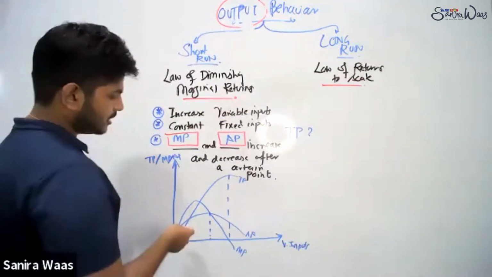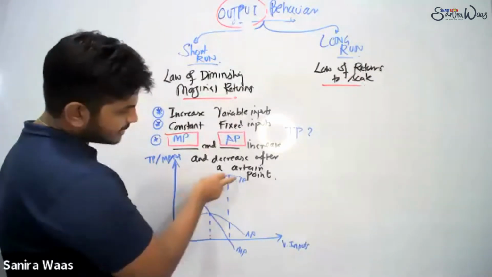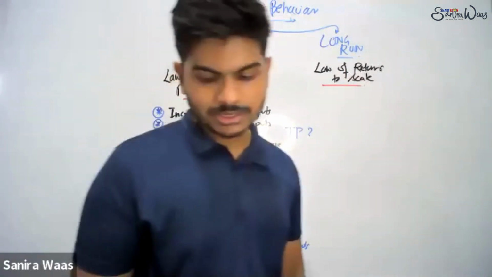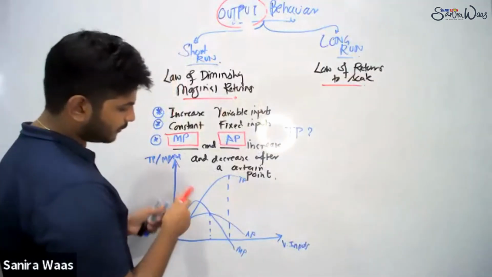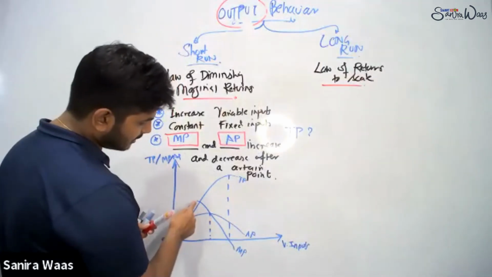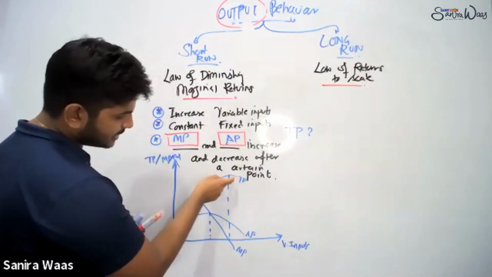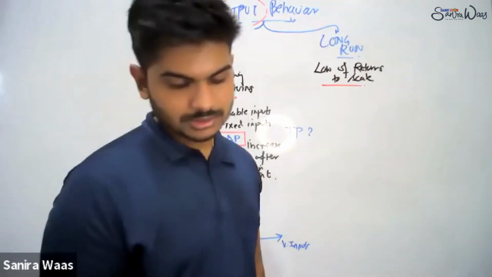The maximum point of MP needs to be intersected by TP. Is there some kind of logic like that or not? Yes or no? Maximum point of MP needs to be intersected by TP. Is there logic like that?